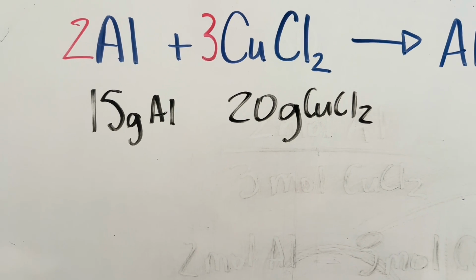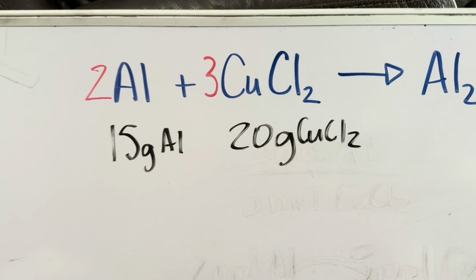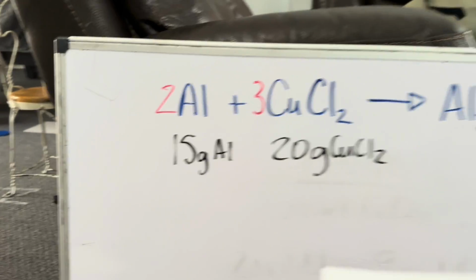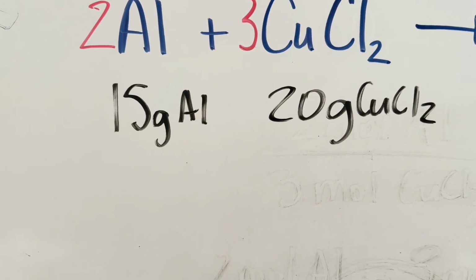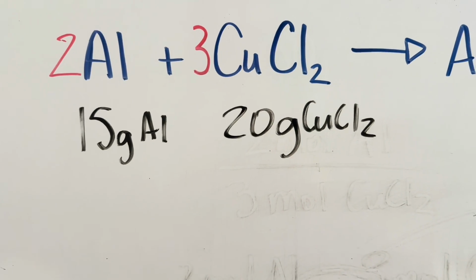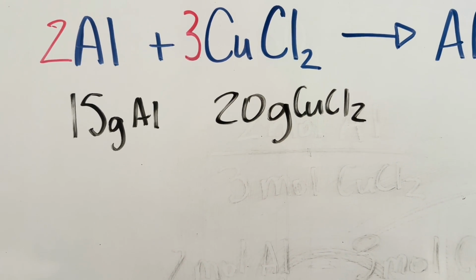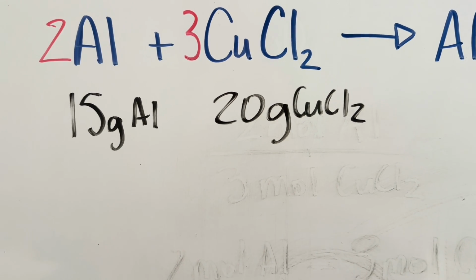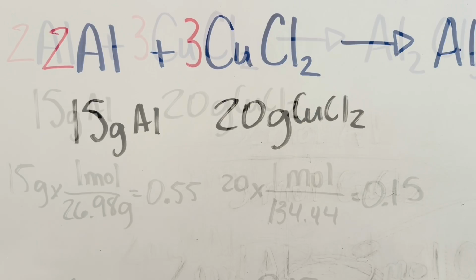We use our molar mass. My molar masses come from my periodic table. So take a minute to convert both of these into moles. Pause the video if you need to, and actually work through that conversion. We want to convert grams of aluminum into moles of aluminum and grams of copper chloride into moles.